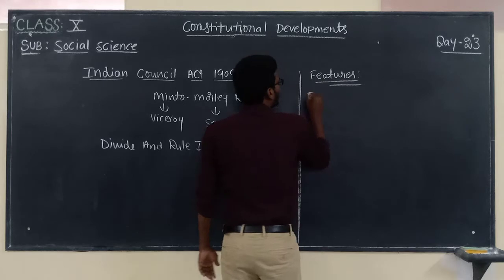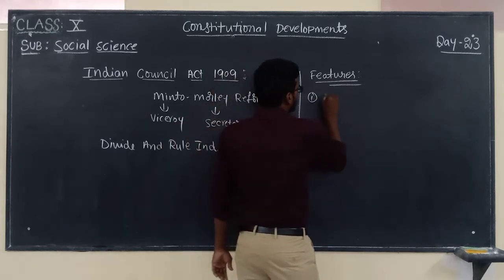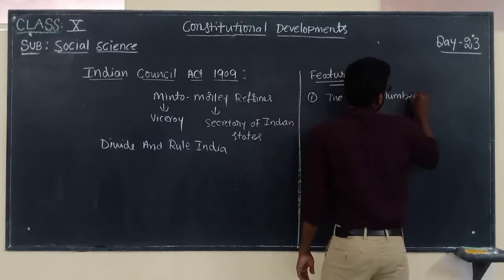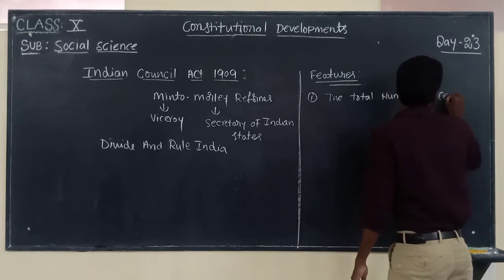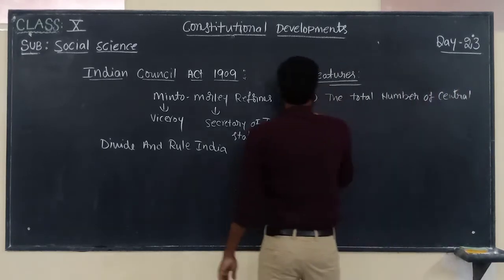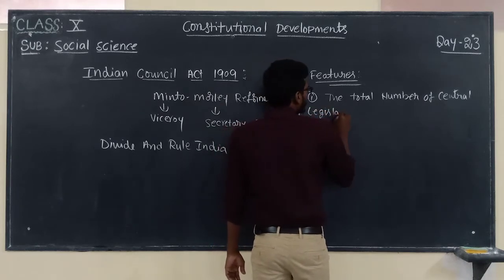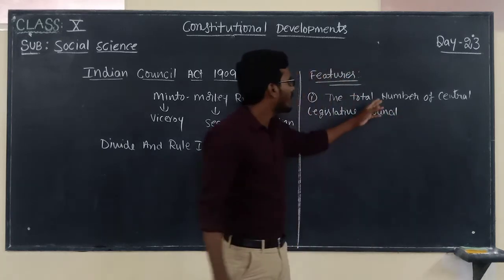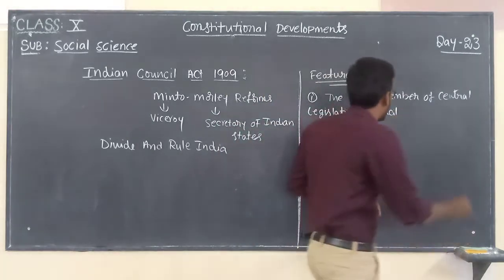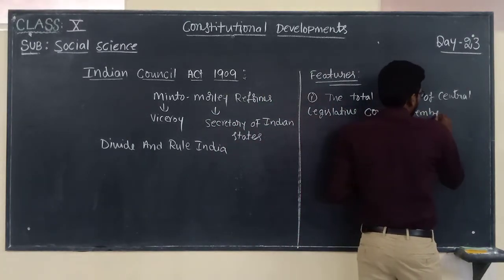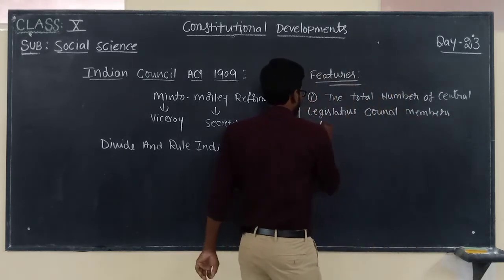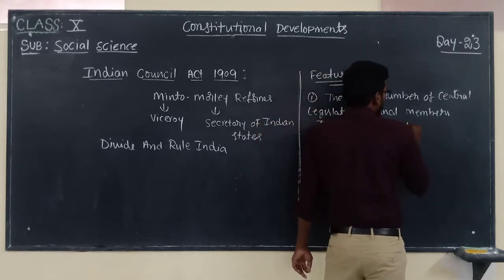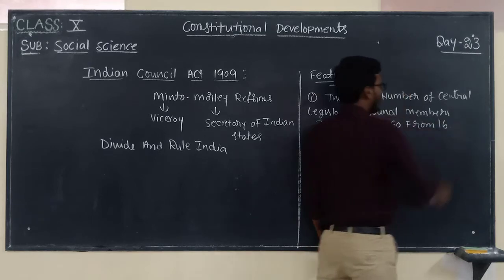First one, the total number of central legislative council members increased to 60 from 16.